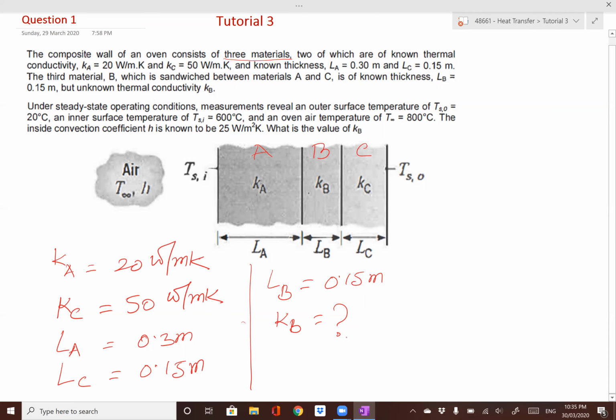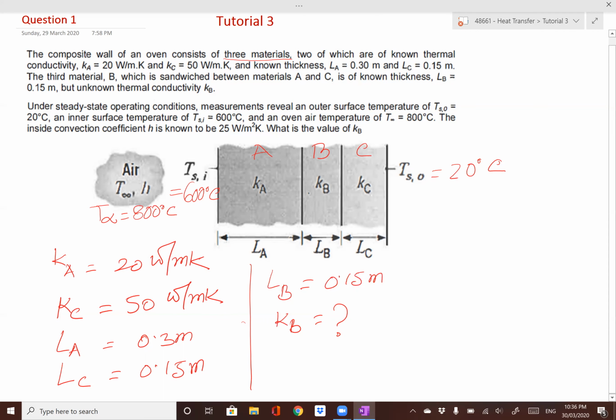Now, under steady state operating conditions, measurements reveal the outer surface temperature is 20 degrees Celsius and the inner surface temperature, Ti, is 600 degrees Celsius. And the oven air temperature, T alpha, is given as 800 degrees Celsius.